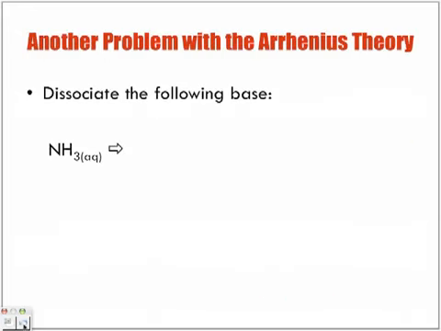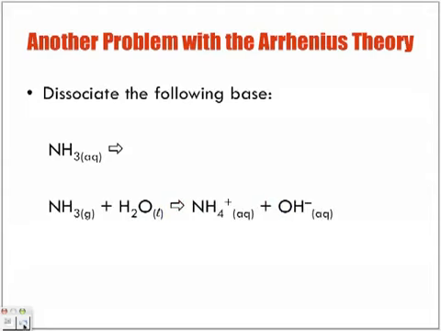Now, another problem with the Arrhenius method: dissociate the following base. NH3, ammonia, is a base. So if it dissociated, for it to be a base, what did we say a base contained? OH. There's no OH. But somehow, with the way it reacts with water, we'll be able to create that. So here is the real reaction. We've got ammonia combined with water, in the presence of water, aqueous.